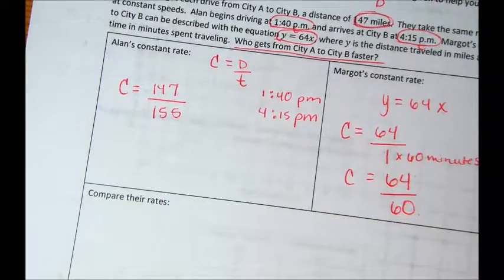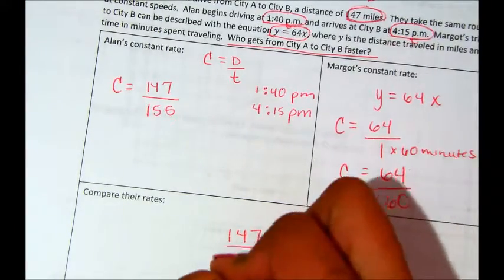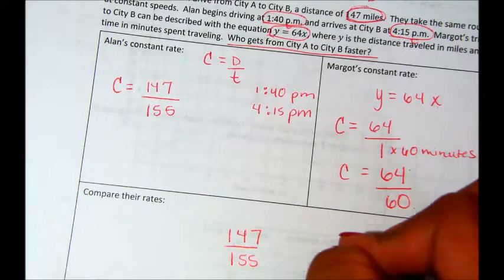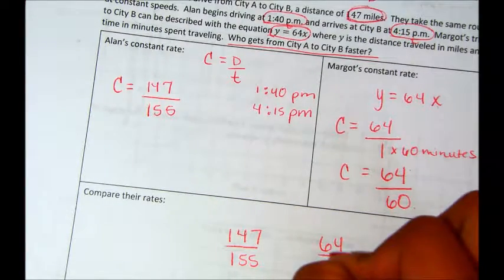All right, now let's compare their rates. To determine who gets from city A to city B faster, we need to compare their rates in miles per minute. I'm going to take Allen's constant rate, 147 divided by 155, and I'm going to compare that to 64 divided by 60.